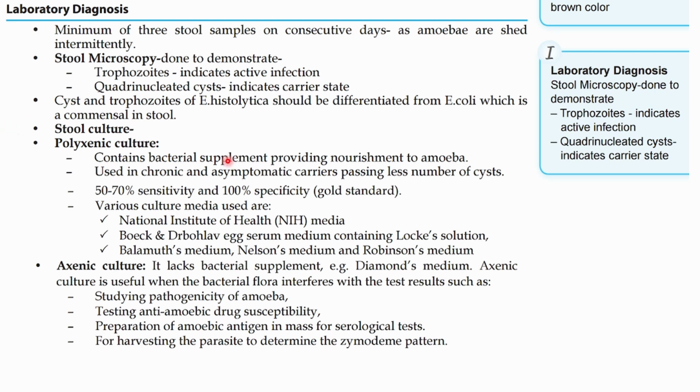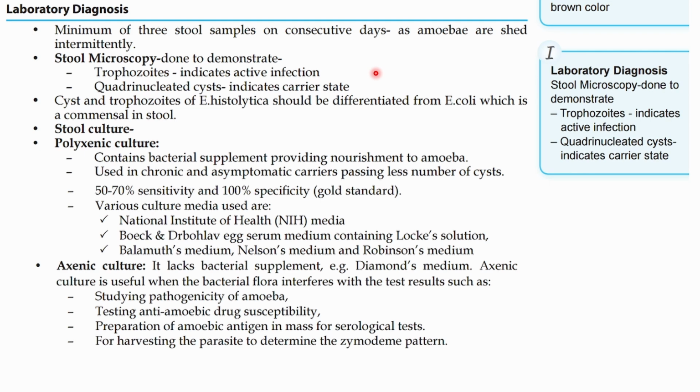What is the meaning of polyxenic culture or axenic culture? Polyxenic means the culture medium has more than one organism. Along with the amoeba, there are other bacteria. And why is it important?